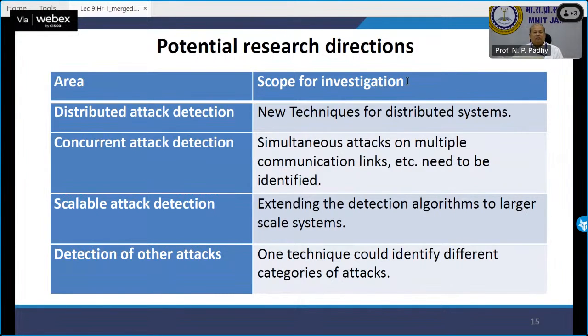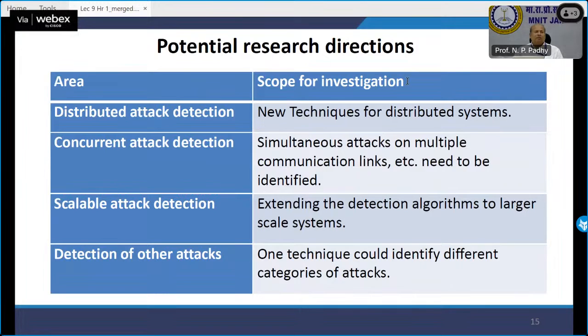So I request all of you to visit some of the good power industries, especially POSOCO. POSOCO has now been renamed as Grid Controller of India Limited.